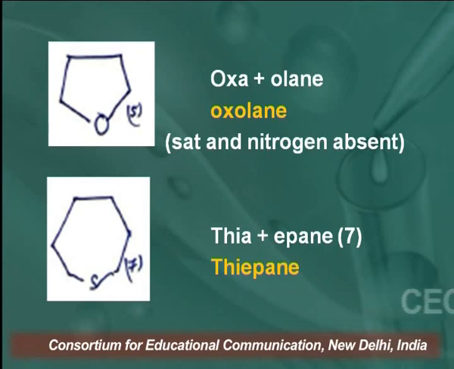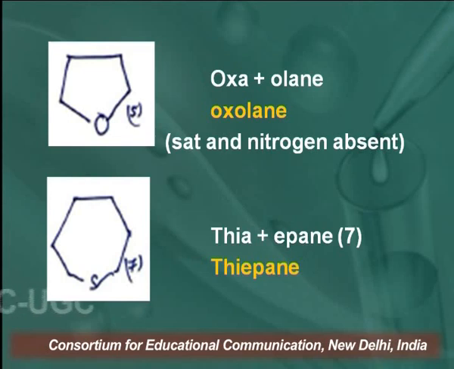Similarly, in the next example, oxaolane: drop the vowel, oxolane. Here the ring is saturated and nitrogen is absent. So you write the prefix for oxygen, oxa, for the 5-membered ring ol, and ane for saturation with nitrogen absent. So it's oxolane. Similarly, next is a 7-membered ring.